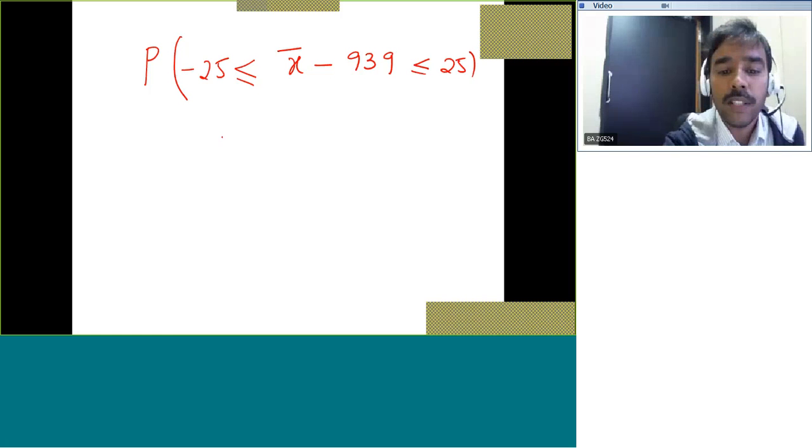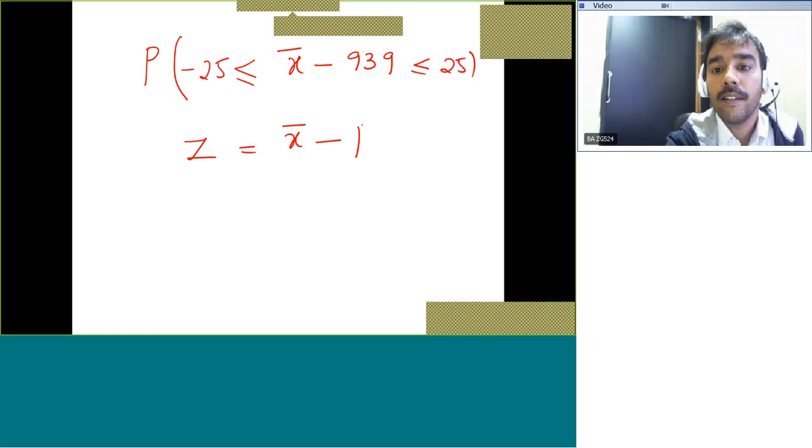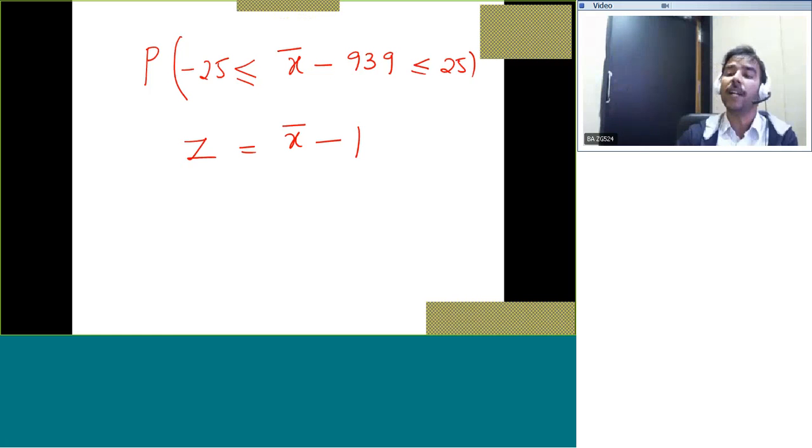We know the sample statistic Z is X bar minus mu by sigma by root n, because it is within $25 of 939. That means it is $25 below 939 and $25 above 939.